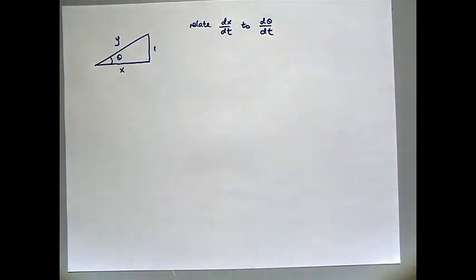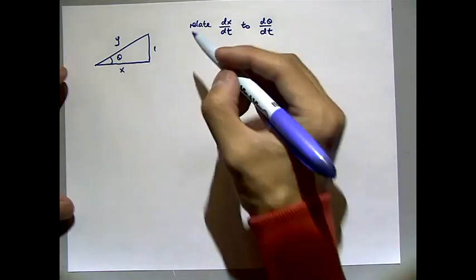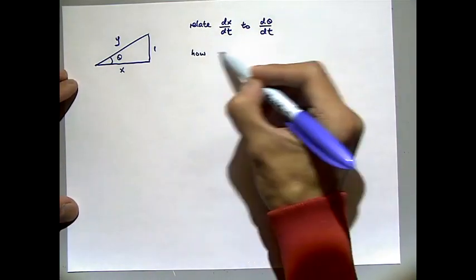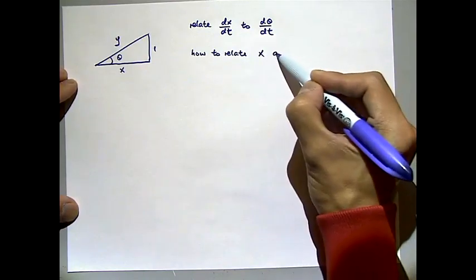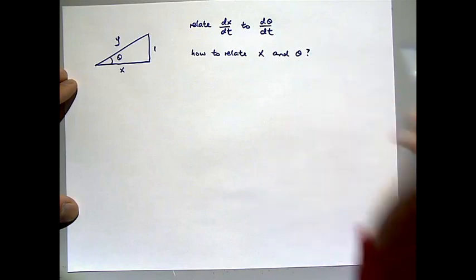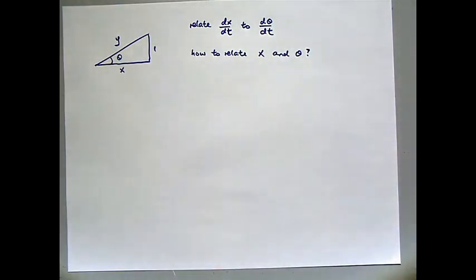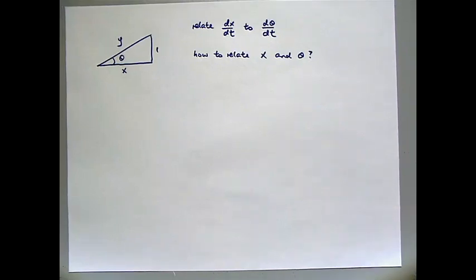Ultimately, we have to relate the rate of change of x that we are given to the rate of change of theta that we want to find. That means we have to start with how x and theta are related. What's a good way to relate those two things?